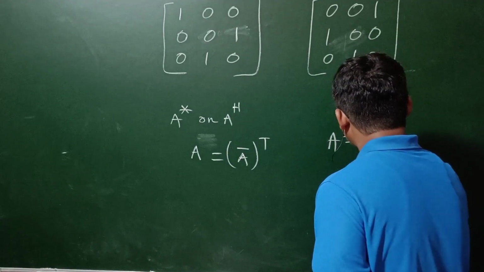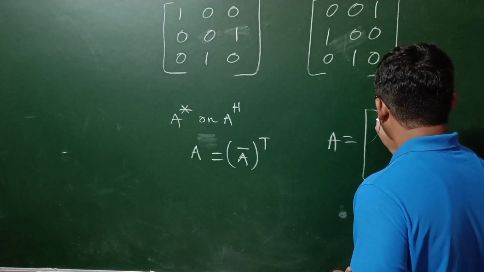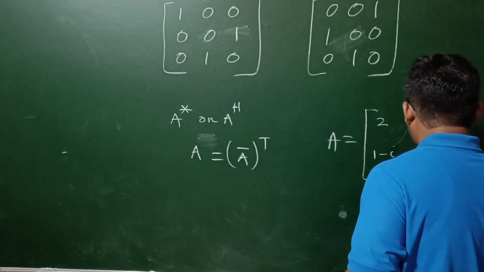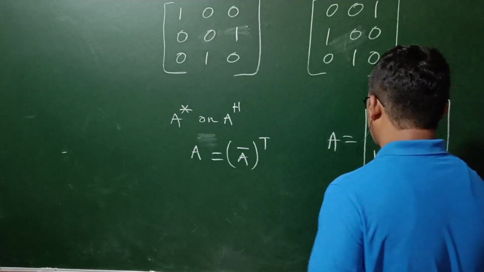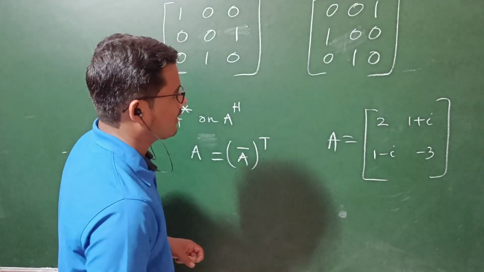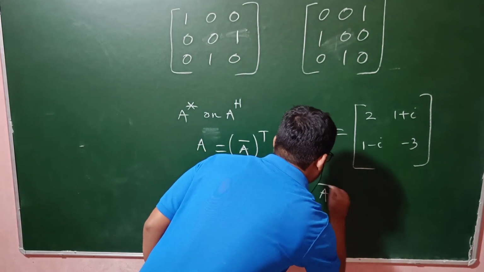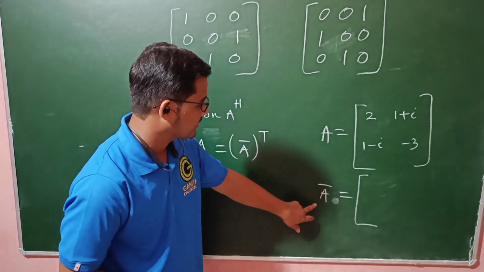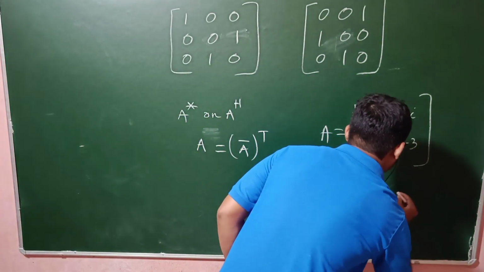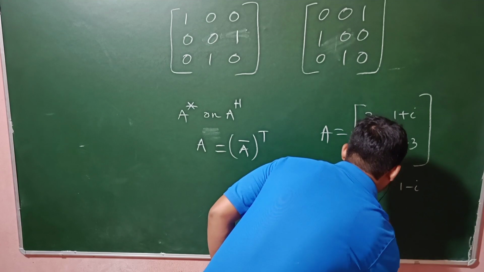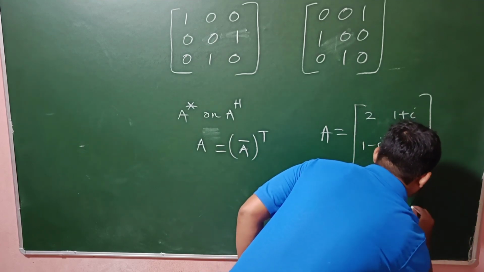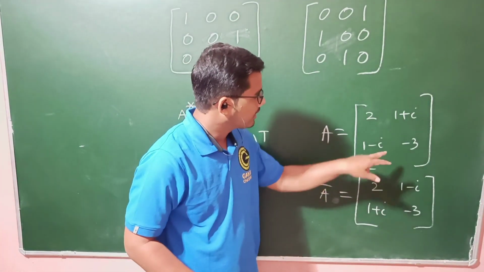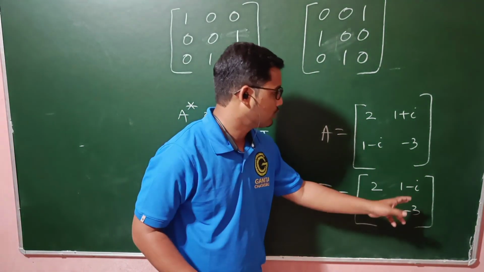I am taking an example. Suppose A is a matrix. This is 2, 1 plus i, 1 minus i, this is minus 3. The complex conjugate of matrix A will be 2, 1 minus i, 1 plus i, minus 3. That means where there is a complex number, you take its conjugate.